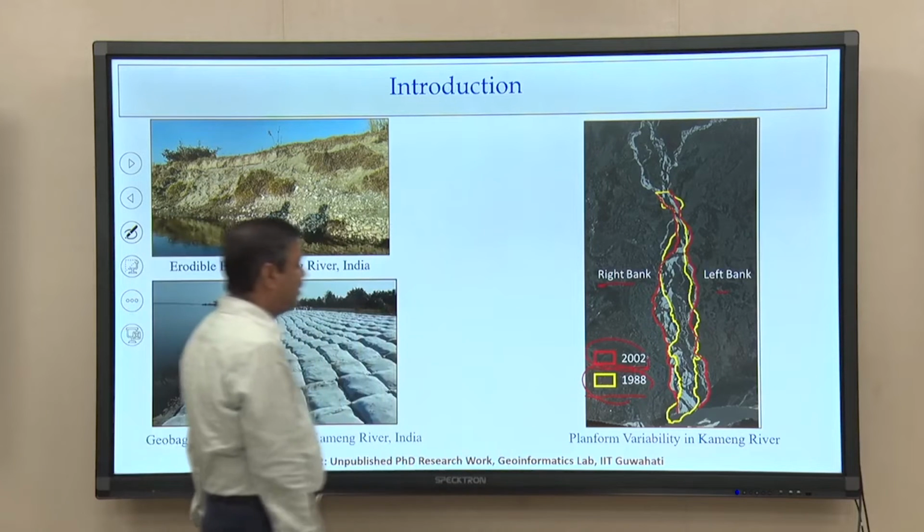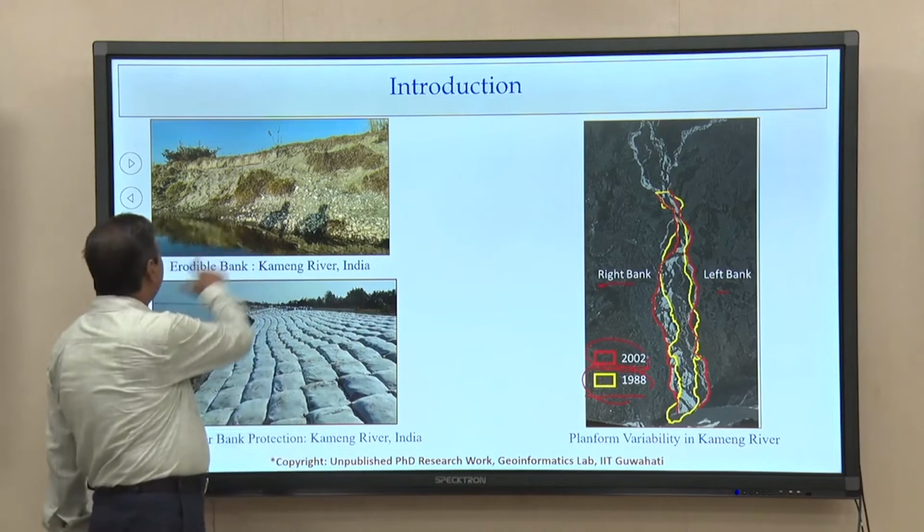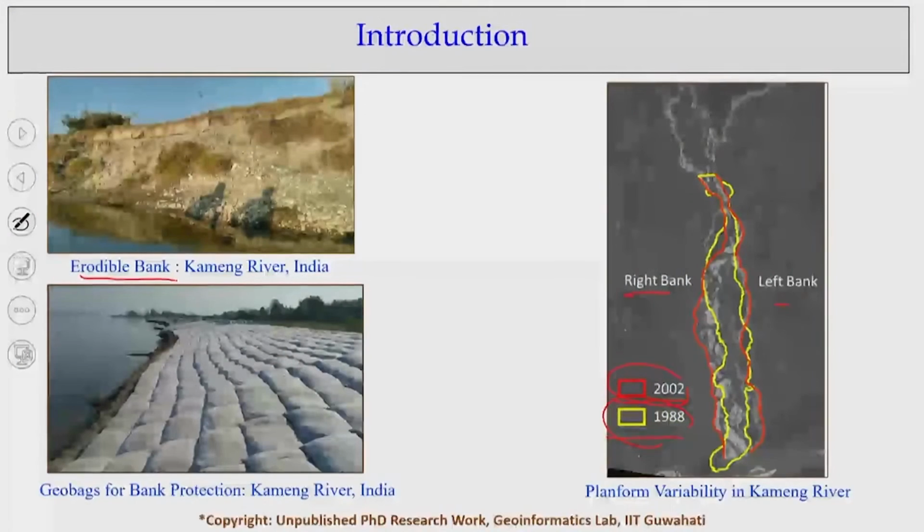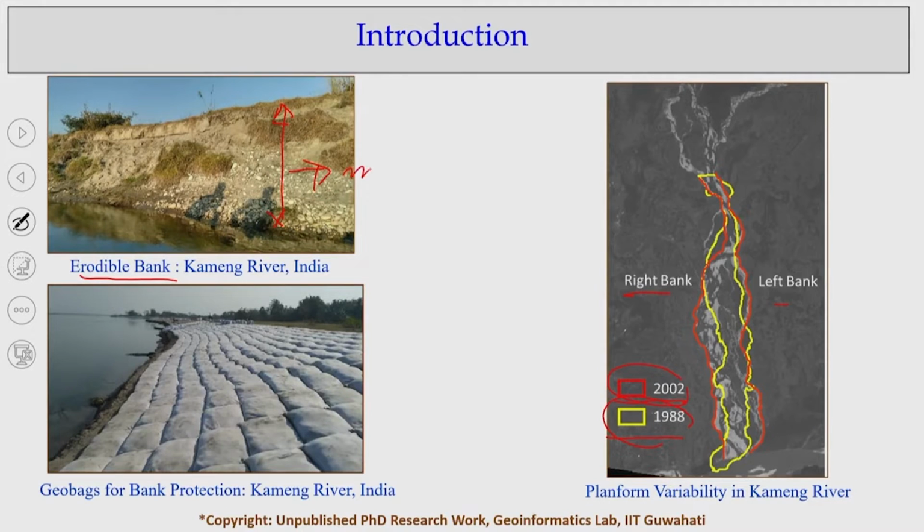And why is it happening? If you look at the erodible bank materials, the height of the river bank could be more than 6 meters. This is the height of the bank.